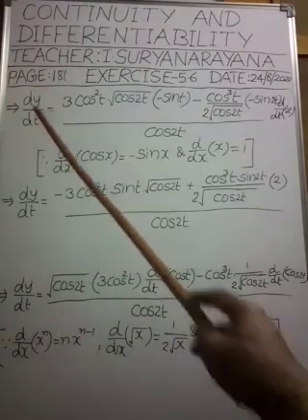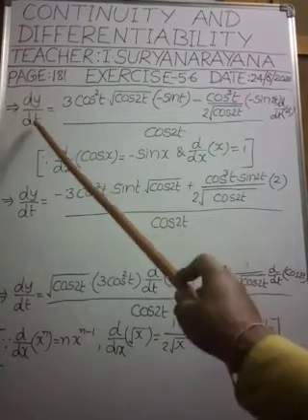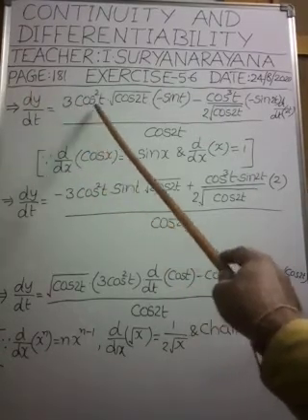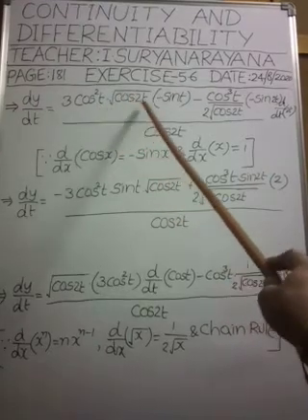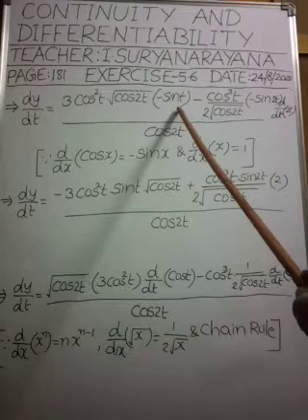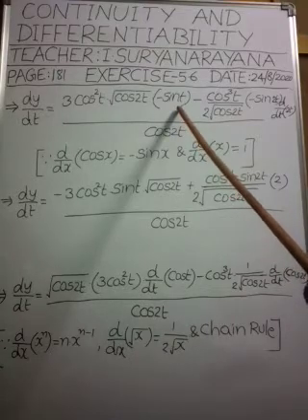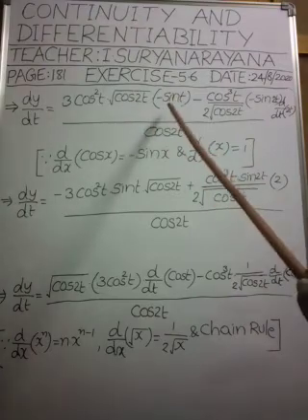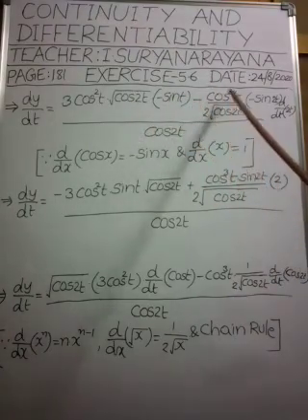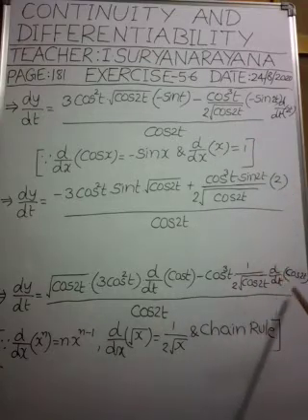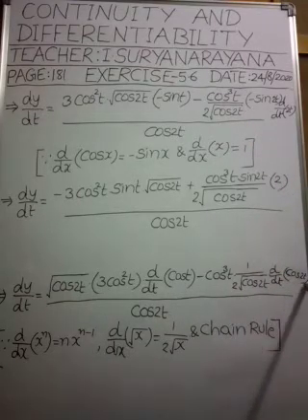This implies I wrote LHS as it is, dy by dt is equal to 3 into cos square t root cos 2t into d by dt of cos t, means minus sin t. Okay, my children? Minus, understood this term, my children? Right. Minus cos cube t by 2 root cos 2t into d by dt of cos 2t.